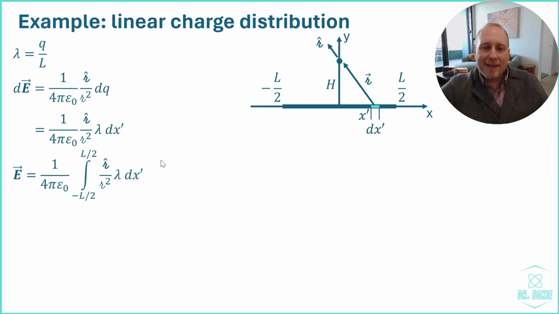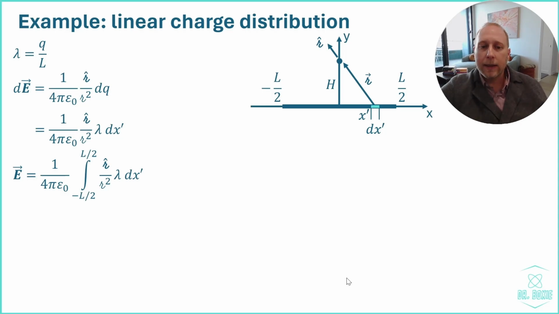Now, we can use a symmetry here to simplify this calculation, because this is an integral where within the integral we have vectors. Curly r hat is a vector, and as we move along the rod, the orientation of that vector will change. And so we're adding vectors that are changing throughout the integration, and that is quite complicated to do.